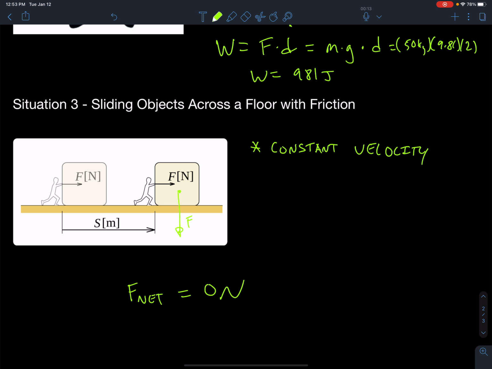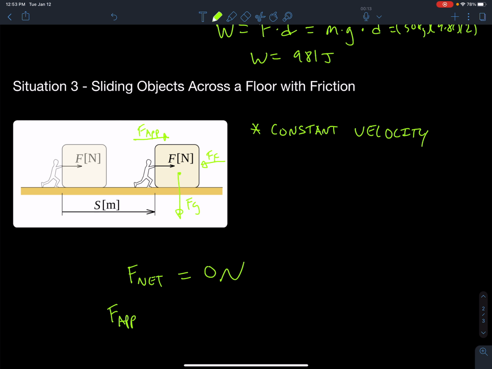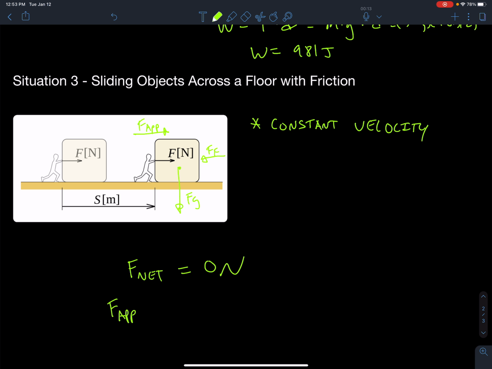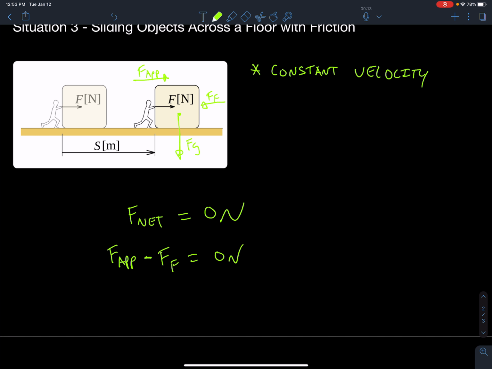I've got the force of gravity, I have the applied force, and I have the equal and opposite force of friction. So in this case, for that to be a net of 0, my applied force minus the force of friction is going to be equal to 0 newtons. So then your applied force is equal to your force of friction.